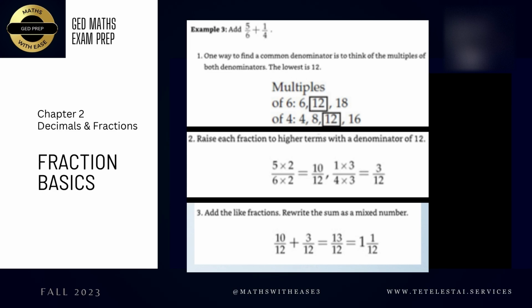I think if it helps, you can draw it. This is the equivalent of drawing a rectangle with 12 equal parts and only 10 are grayed out. And then you draw another rectangle with 12 equal parts, only 3 are grayed out. So how many grayed out portions of the rectangle do you have? 13.